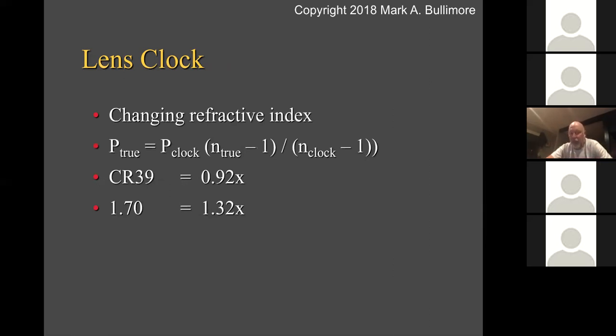If you put it on a high index lens, the true power is going to be higher, okay? So you're going to need to remember that formula, I think, that the true power is the power from the clock times n true minus 1 divided by n clock minus 1. Okay, but be careful. Take a look at your answer once you've got it out of the calculator and make your mind up whether it makes sense or not. Have you moved the power in the right direction?